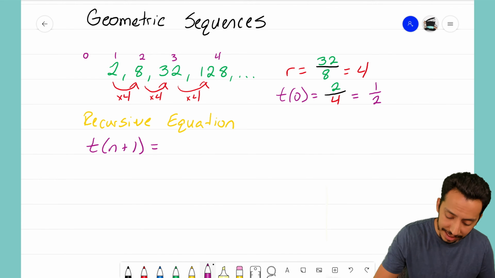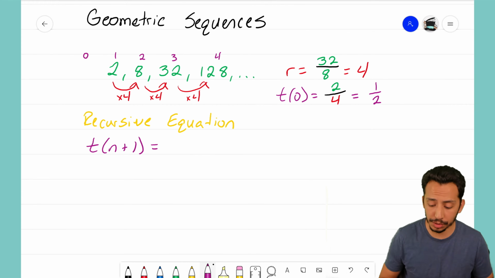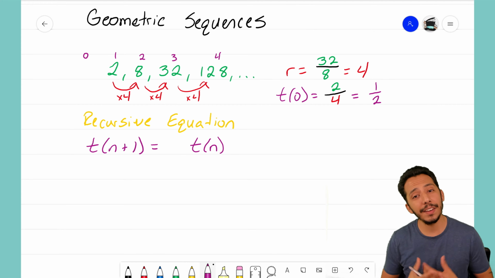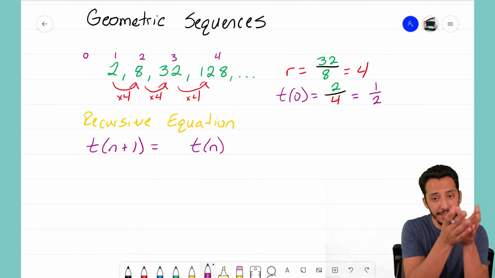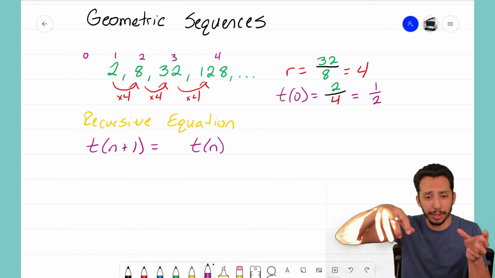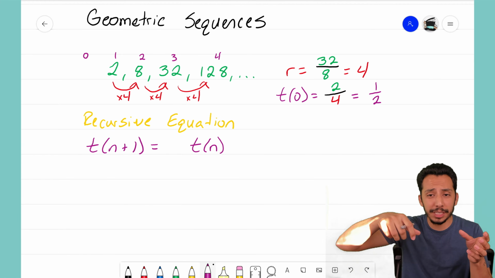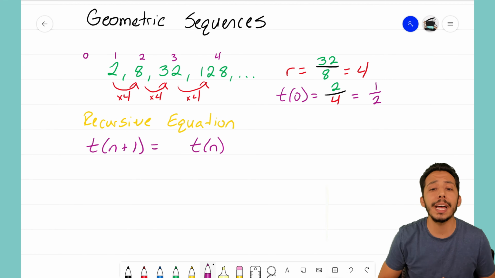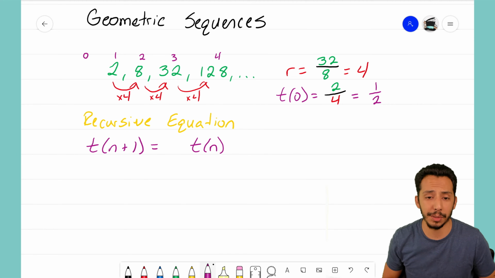So we take t of n plus 1. It equals t of n. We have to have t of n in there, right? I'm looking at this new term, so we have to take the term before it. What was the old term?